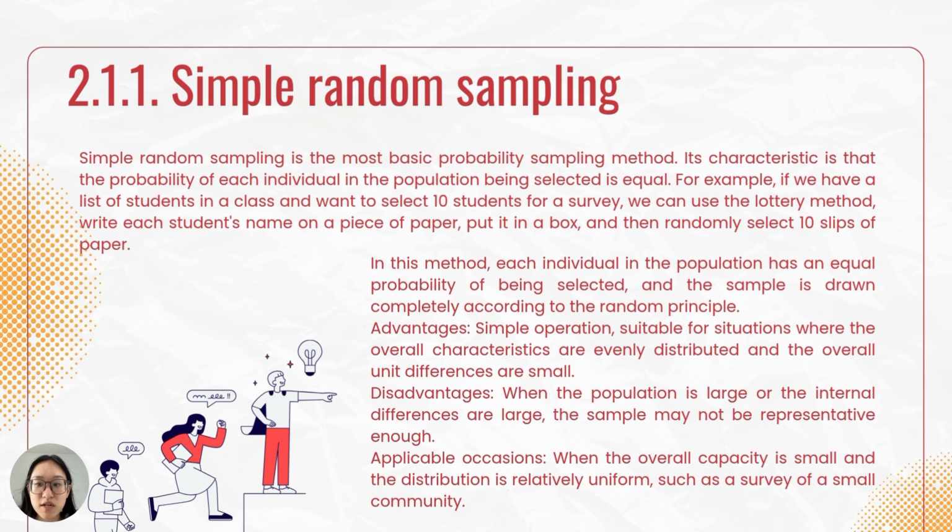Write each student name on a small piece of paper and put them in a box, then randomly select 10 pieces of paper. The advantage of this method is that it's simple to operate and suitable for situations where the distribution of population characteristics is relatively uniform and the differences between the members of the population are small.